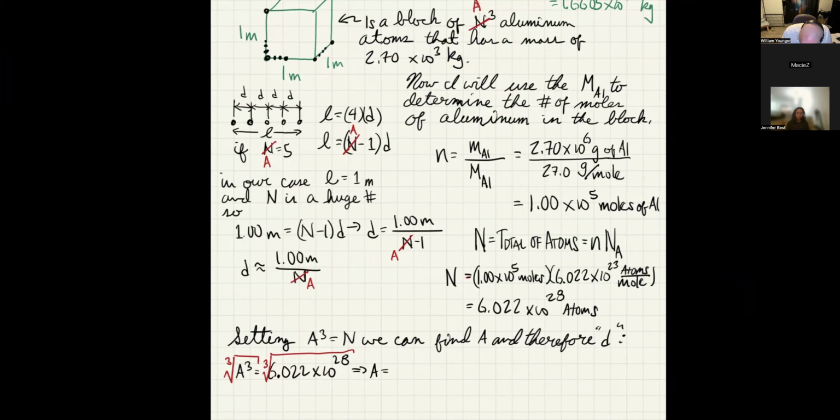So this gives me 3.920 times 10 to the ninth atoms. So that's how many atoms there are along one side.